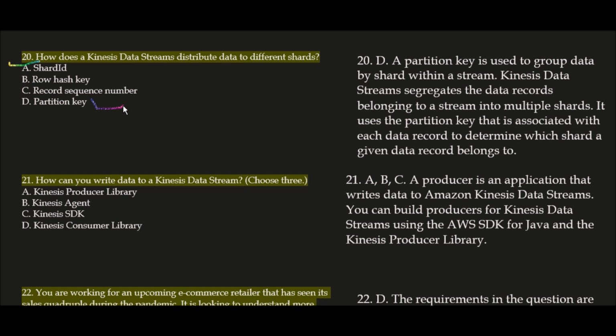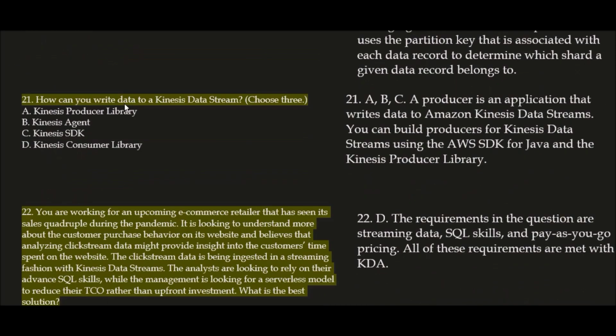Because a partition key is used to group data by shard within a stream. Kinesis Data Streams segregates the data records belonging to a stream into multiple shards. It uses the partition key that is associated with each data record to determine which shard a given data record belongs to.